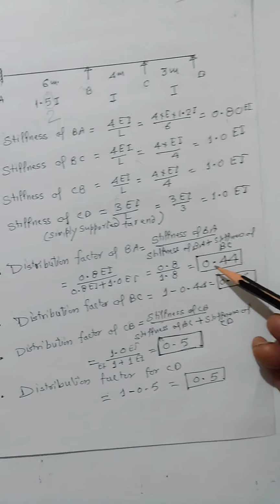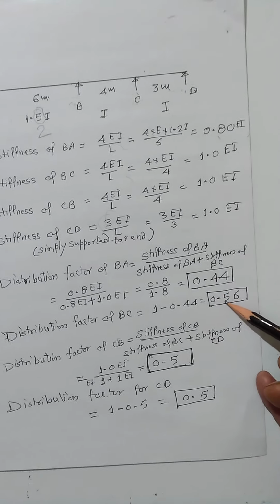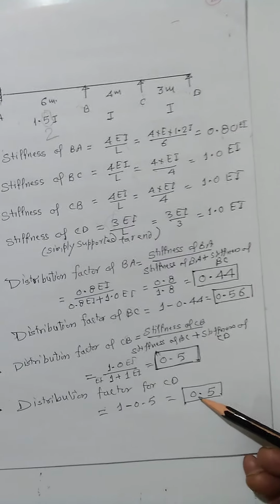Just see, this is for BA, this is for BC, this is for CB and this is for CD.